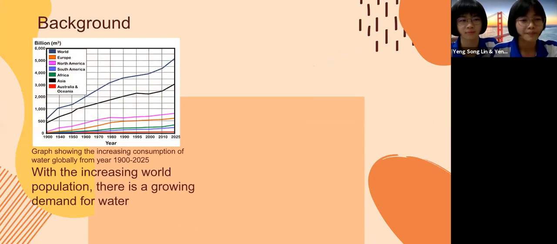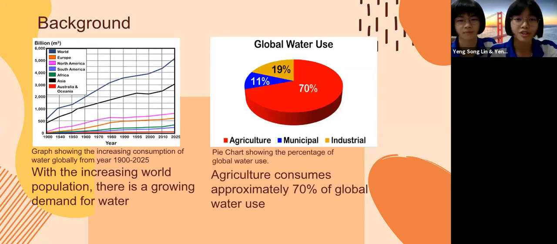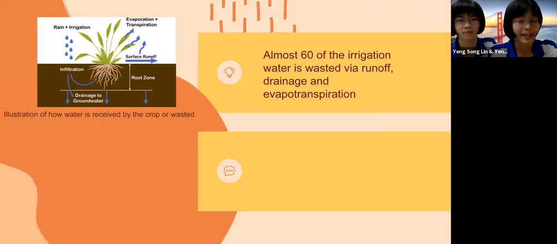Well, as we all know, our world population is expanding, and this growing population causes a growing demand for water. But at the same time, agriculture consumes about 70% of global water use. But do you know that for every irrigation, about 60% of water is just wasted through runoff, drainage, and evapotranspiration?